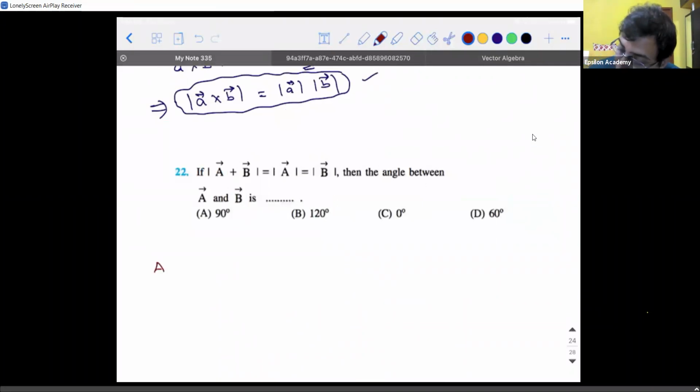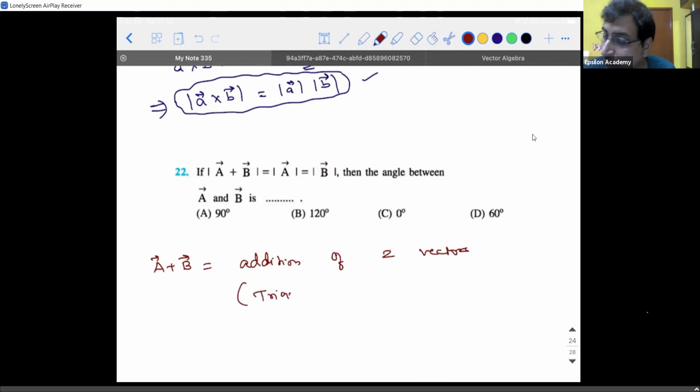See, A vector plus B vector represents addition of two vectors. But what are the two types of additions you guys already know? One is triangle law or parallelogram law. And we also know the fact that these two laws are the same.